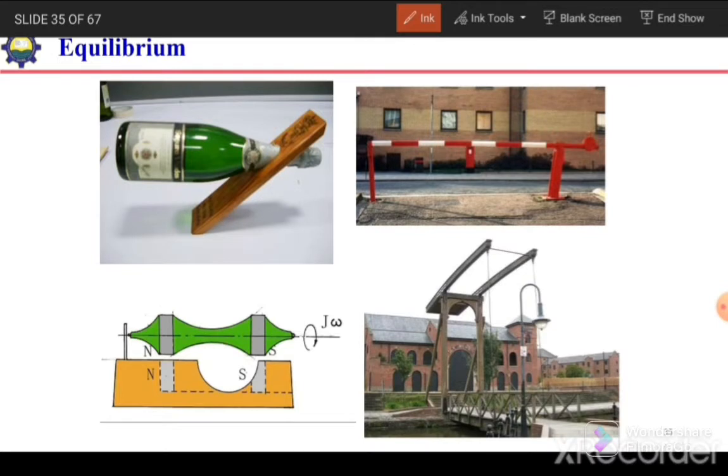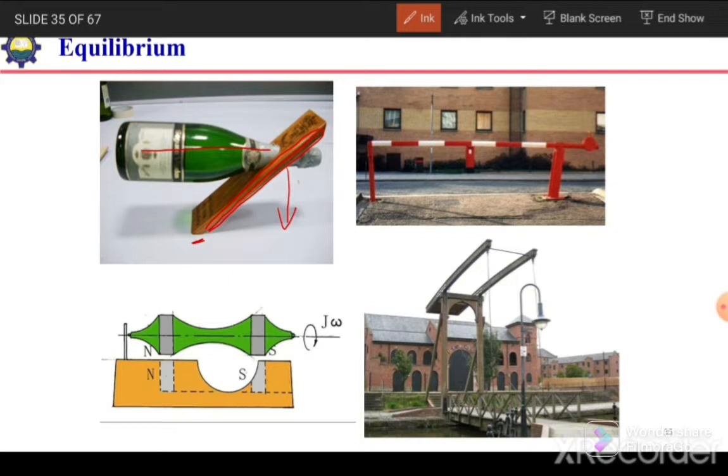So here we have a model demonstration for the equilibrium. Here there is a wooden piece. If we try to balance this wooden piece in this way alone, it will not be balanced. It will fall down in this direction. But if we put this bottle inside it, the neck of the bottle, in that case it will be stable at this point.